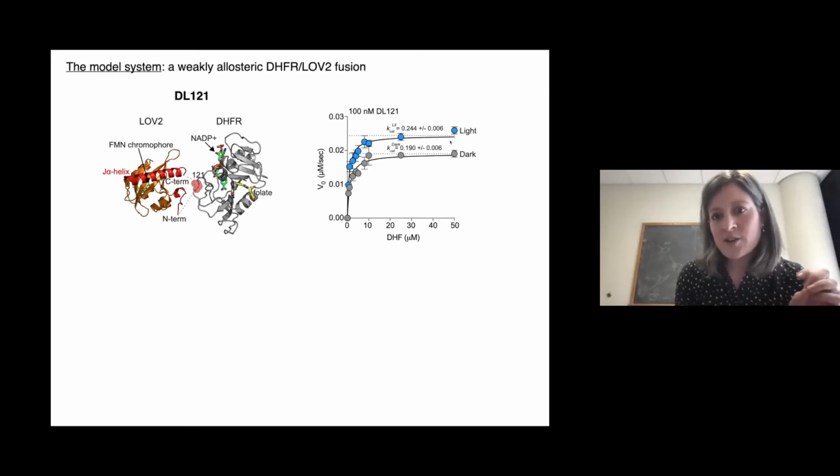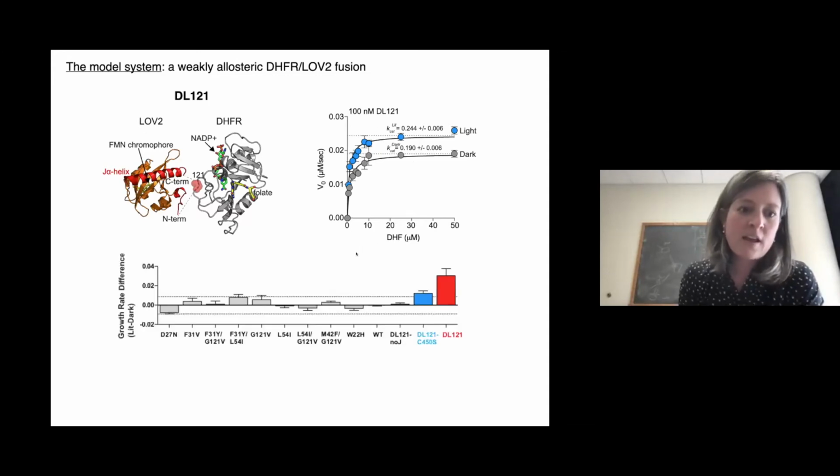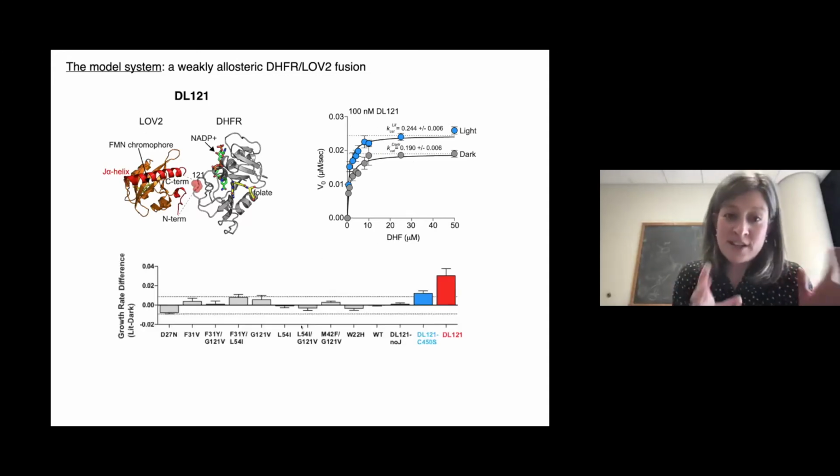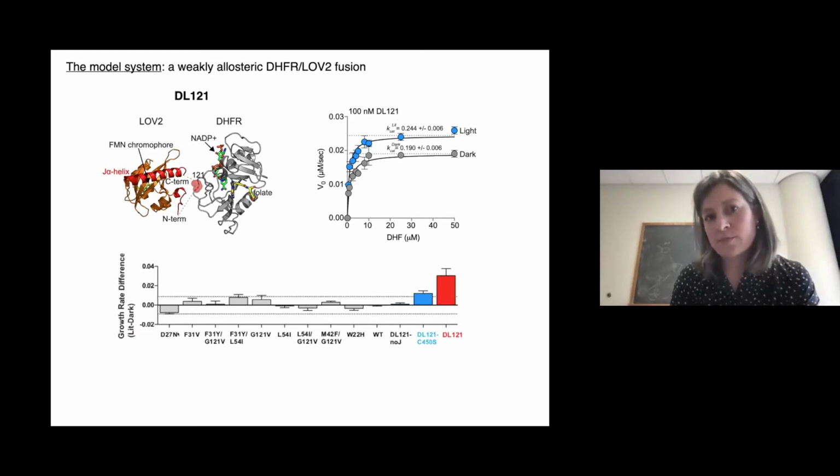Okay, and as I told you, this has very modest allosteric activity. We see a 28% increase in kcat in response to light, so it's modestly light activated. Now, because DHFR is an essential metabolic enzyme, we can link its activity to growth rate, and this forms the crux of our assay.